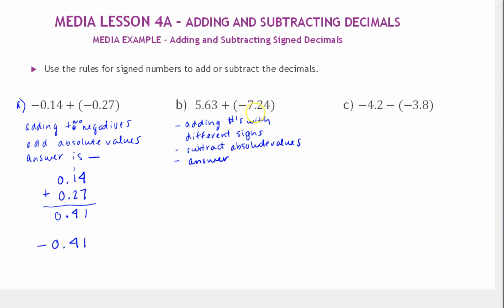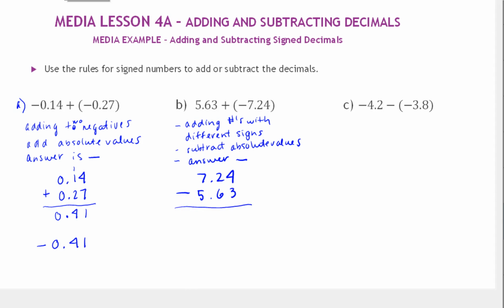Well, notice the larger absolute value, 7.24, without the negative sign, is larger than 5.63. So the sign of the answer is going to be the sign of this number, which is negative. Okay, so you want to start with the larger number, subtracting, the order matters. So the larger absolute value number is 7.24. I am going to subtract the absolute value of 5.63 as just itself, 5.63.